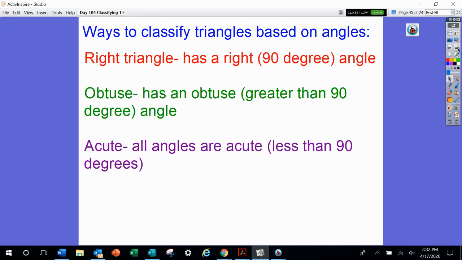So for the right triangle, we made the L with our arms. We said obtuse, like we're shouting it, really big, bigger than 90 degrees. And then we have acute angles. And I just say it like I'm talking about a cute little baby. Oh, you're so cute. And I take my fingers and pinch them like I'm going to pinch a little baby's cheeks.